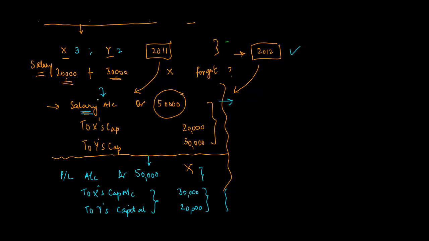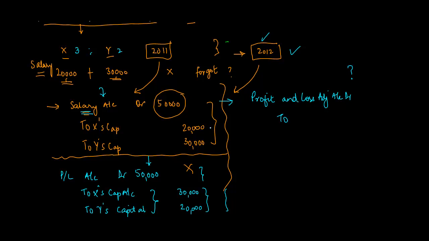Because if I book it as salary, it will go into my profit and loss account of 2012 as an expense. So instead of debiting this, I debit the profit and loss adjustment account, debit to what? We'll need to see this. Why?